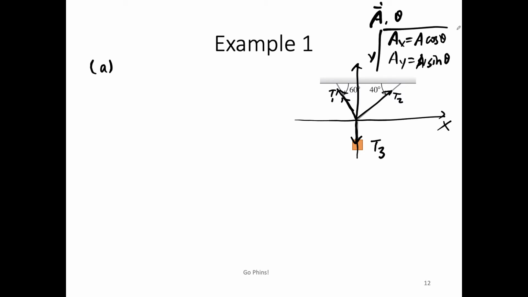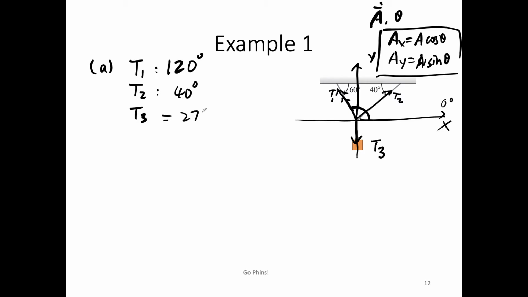I want to follow this formula to find my components. But then I need to know the angle of each of my forces. What's the angle of T1? You always need to find the angle of your vector from 0 degrees. This is 0 degrees, so our T1 is actually 120 degrees, T2 is 40, and T3 is 270 degrees.